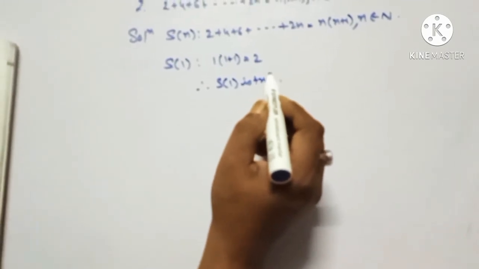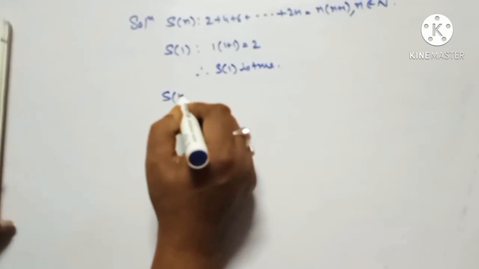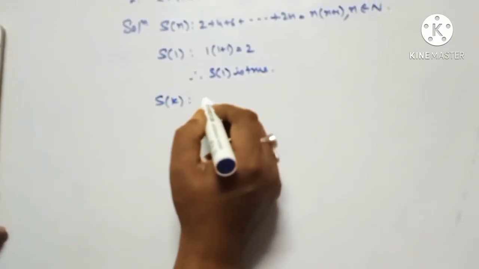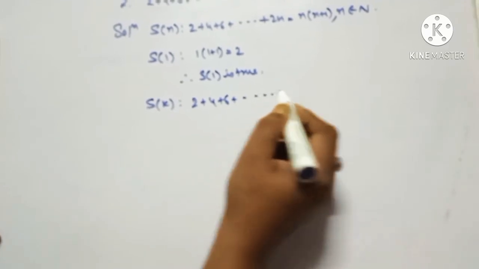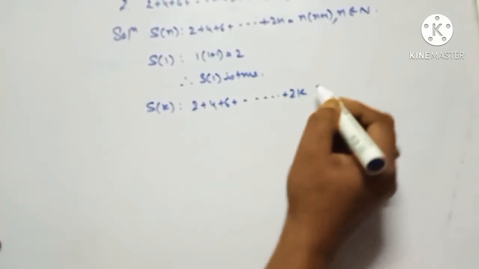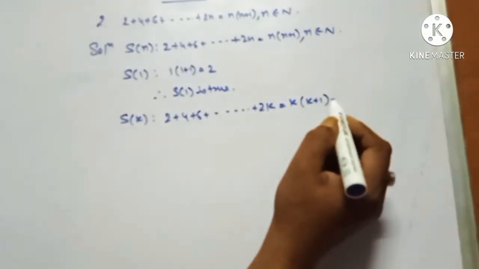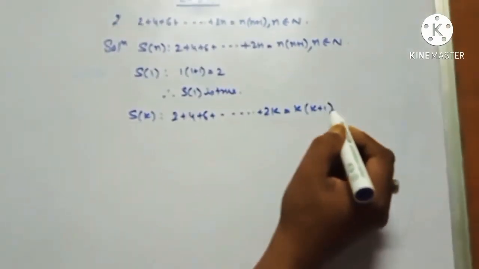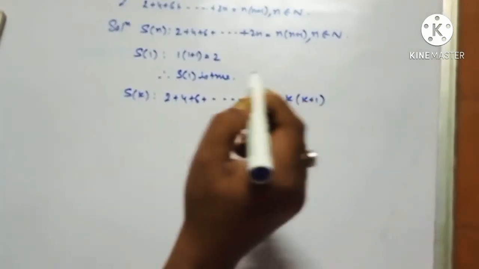Now we are going to Sk here. 2 plus 4 plus 6 plus dot dot dot plus 2k is equal to k into k plus 1.